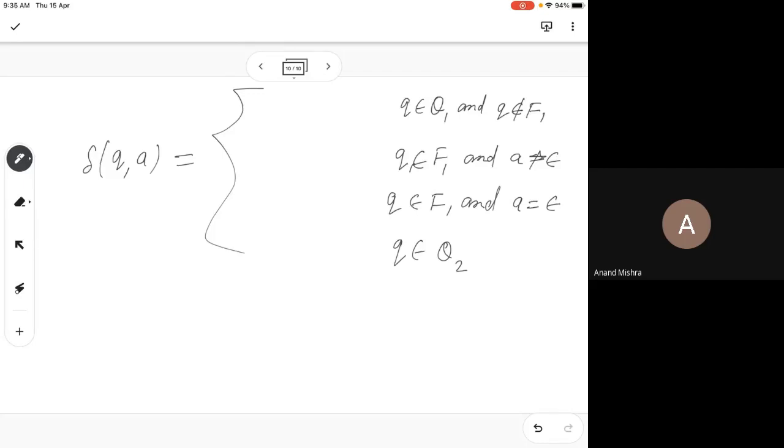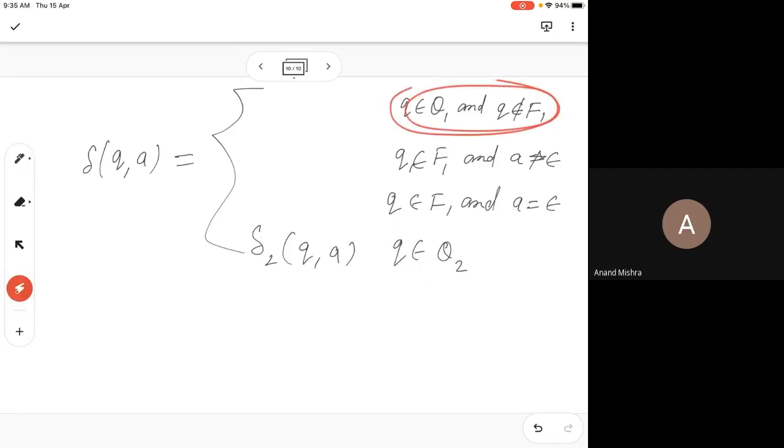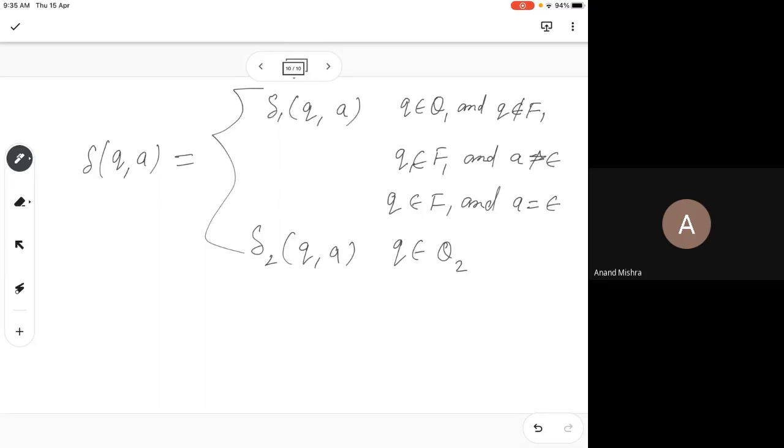So when you are in Q2, this is very easy. This will be just del 2. When you are in Q1 and q is not a final state, it should be delta 1 of q, a. When q belongs to F1 and a is not null, then you should do delta 1 of q, a.